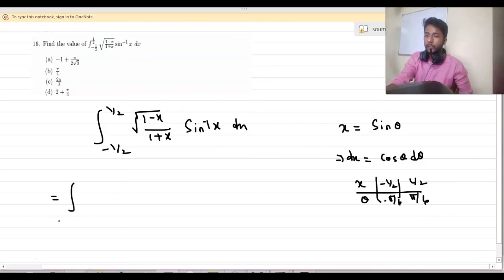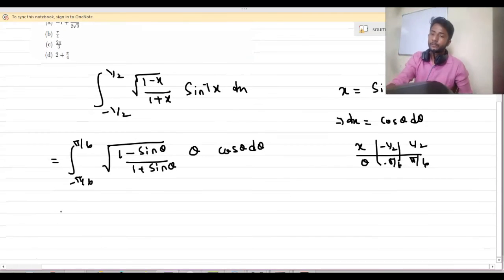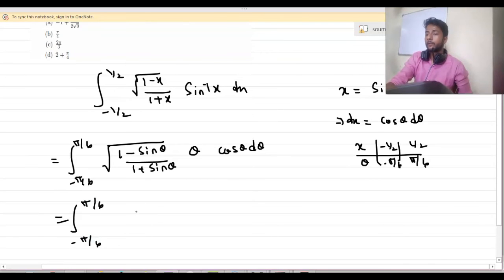Okay, so I can write it as integration from minus pi by 6 to pi by 6 root over of 1 minus sine theta by 1 plus sine theta into sine inverse sine theta is equal to theta, and dx equal to cos theta d theta. Okay, so again I am going to rationalize it.